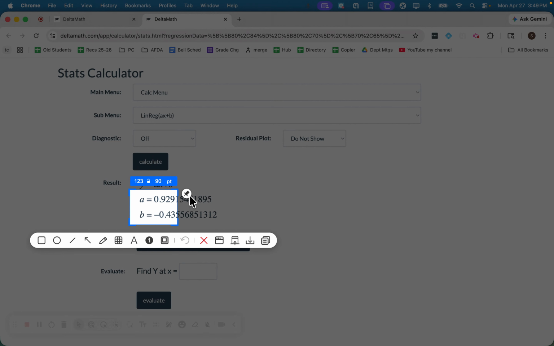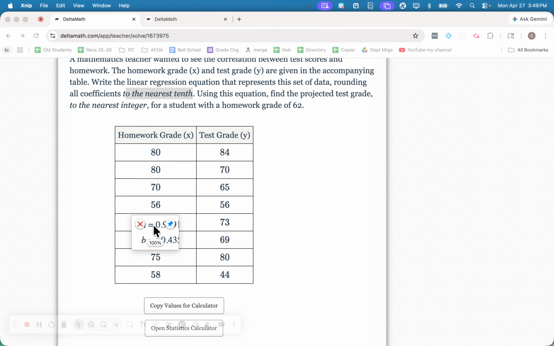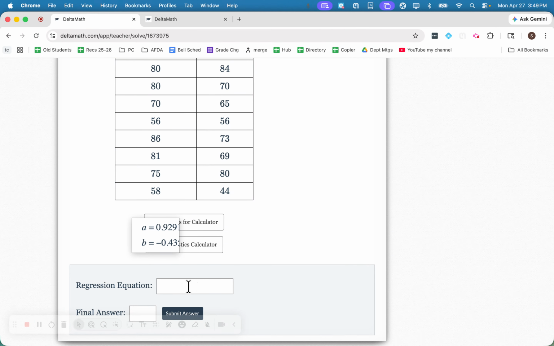This is my copy tool. And then go back here, and we're going to put in that equation. Y equals, and I remember they just wanted the nearest tenth. So I'm okay to do 0.9.